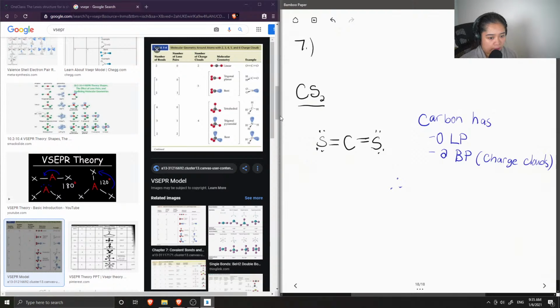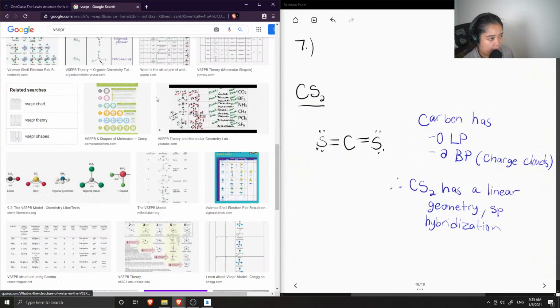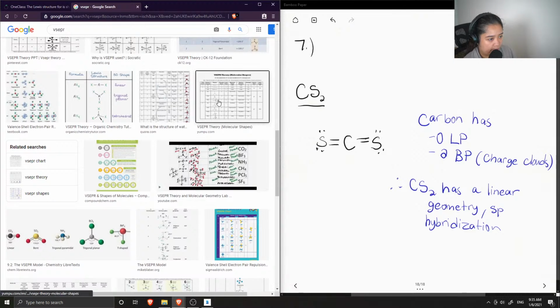So therefore, CS2 has a linear geometry. And it also has sp hybridization. So I can show that with another table that might show everything.